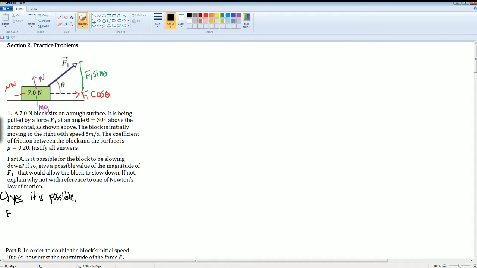Our evidence is that if the F net is negative, that means the object can be going this way.